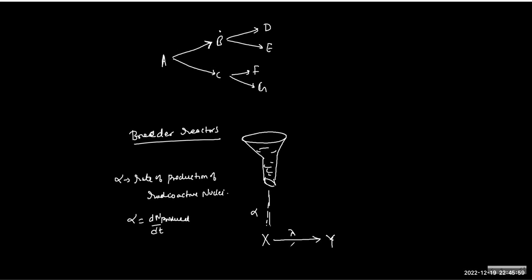So in the very beginning, what will happen? In the very beginning, the number of X is 0. Let's say you just switch on your machinery which will produce the X. At t equals 0, how many X do we have? 0. So at t equals 0, we have 0.